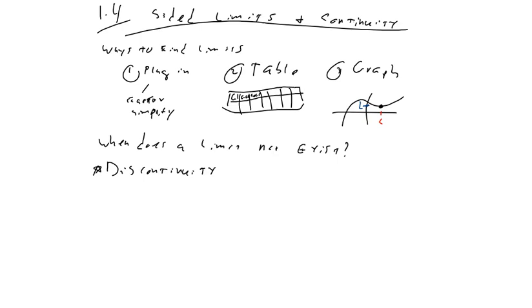So the first type of discontinuity is a hole, right? This is a graph that's got a spot where it doesn't exist.